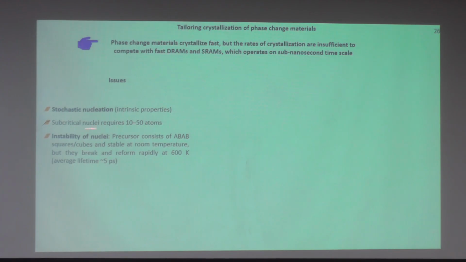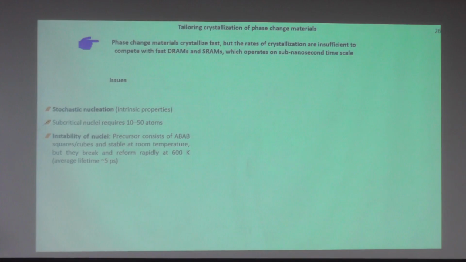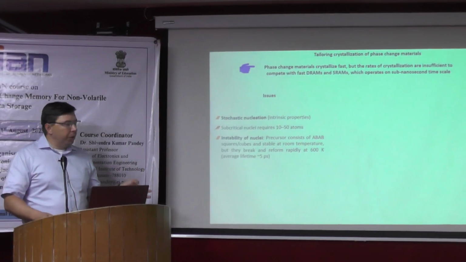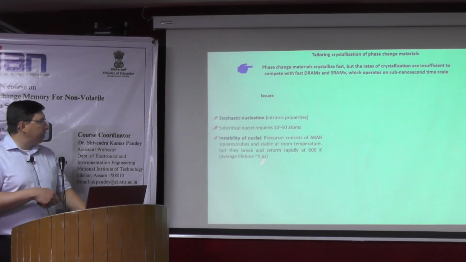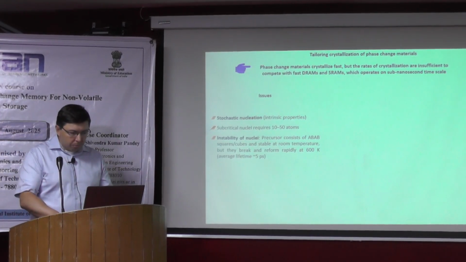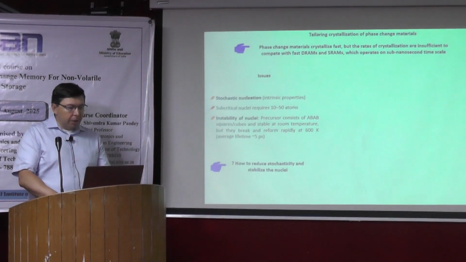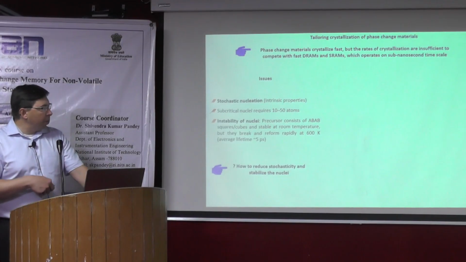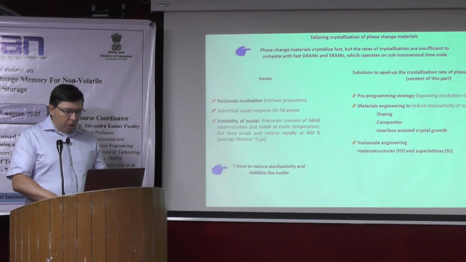And the next issue is that this nucleus is not stable, so it can form and reform. So we need to somehow stabilize this nucleus. And now the question is how to reduce the stochasticity and stabilize the nucleus.